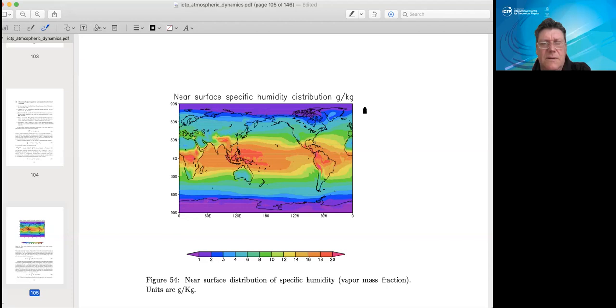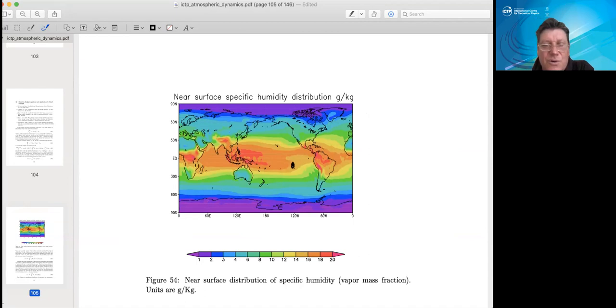The main reason for this distribution is that the water vapor in the atmosphere can get to saturation. If it's at saturation, you cannot increase it anymore, because the water vapor will simply condense into water and rain out.